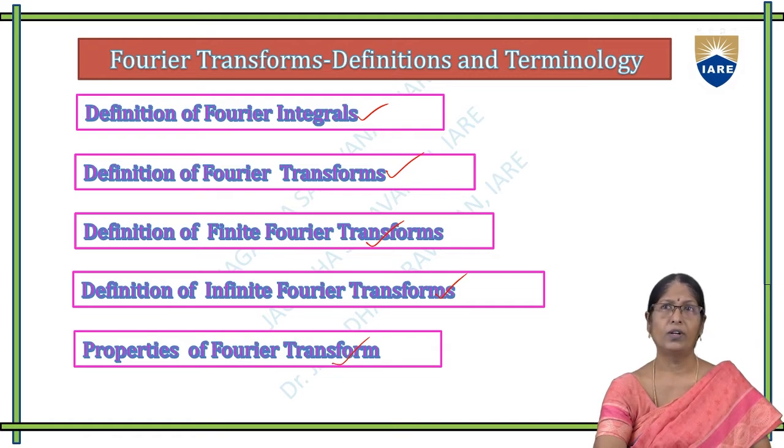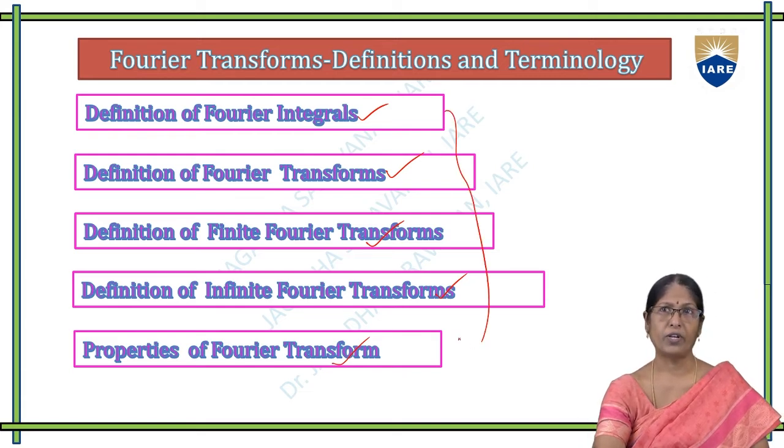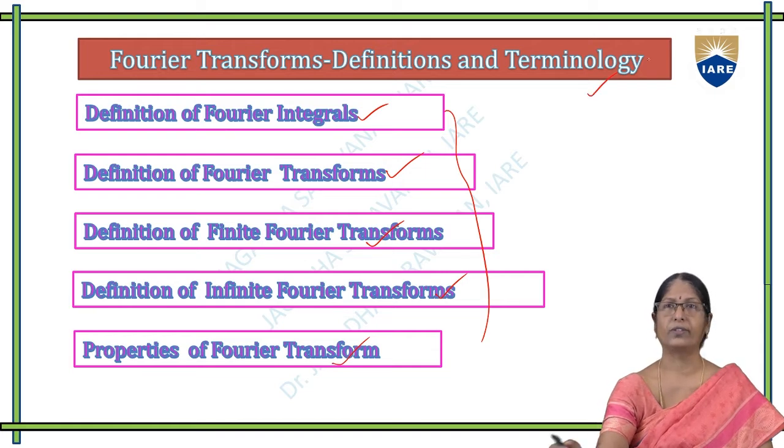So now the definitions we are going to discuss, obeying some mathematical laws and parameters, defined in a very systematic way connected to the subject field, the terminology we are going to discuss.